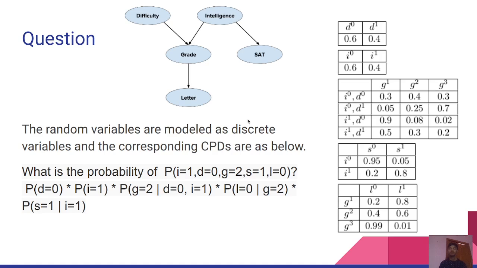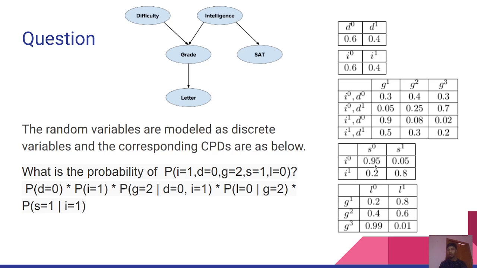Okay, fine. Then letter. Letter is dependent upon what? Grade. So L equal to 0 given G equal to 2, because we want G equal to 2 also, right? So up to this we have considered the probability of G equal to 2 given this, and then here we are finding P of L equal to 0 given G equal to 2.